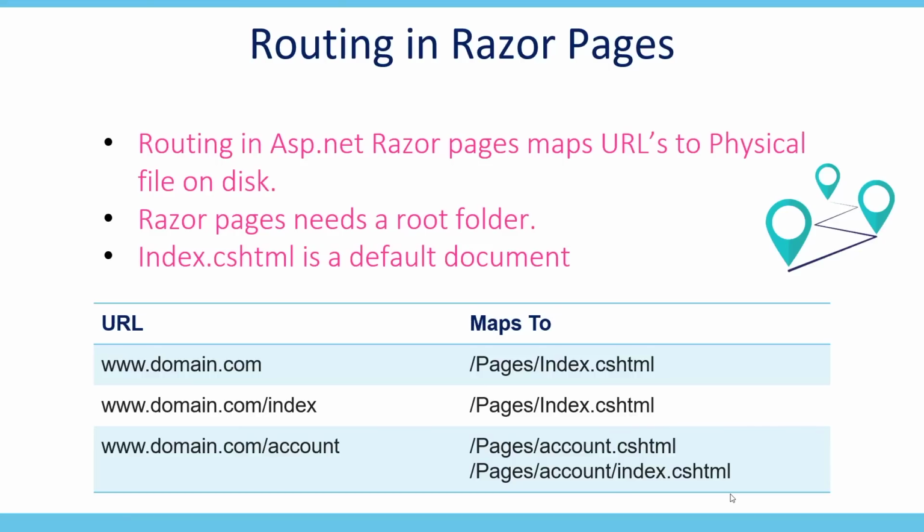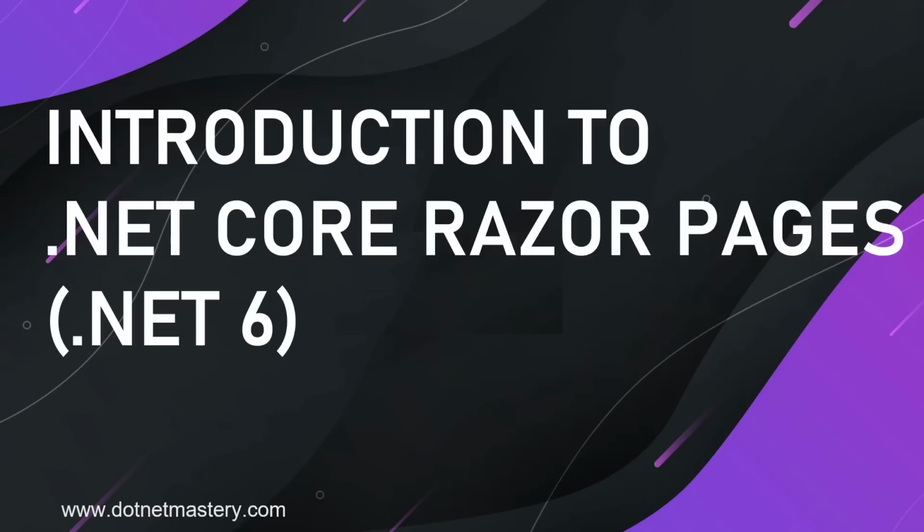So routing in Razor Pages is pretty straightforward as compared to MVC routing, where we have models, views, and controllers. Here in Razor Pages, it is direct mapping to how the files are stored on the physical disk. With that brief overview of routing, let's continue in the next video.